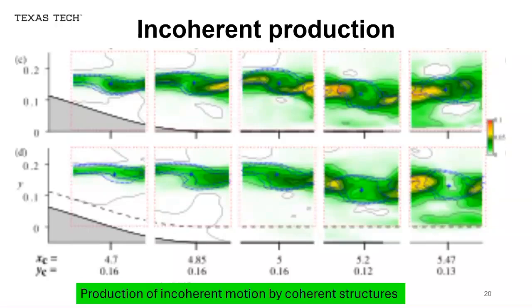And I mentioned already, and this I kind of verified from all the results of Fazle, that the peak of incoherent turbulence production is not in the center of the rotating part of the structure, but on the sides, in front and back. And again, we find that the turbulence in the incoherent part of the flow is lower in the case of grooves.